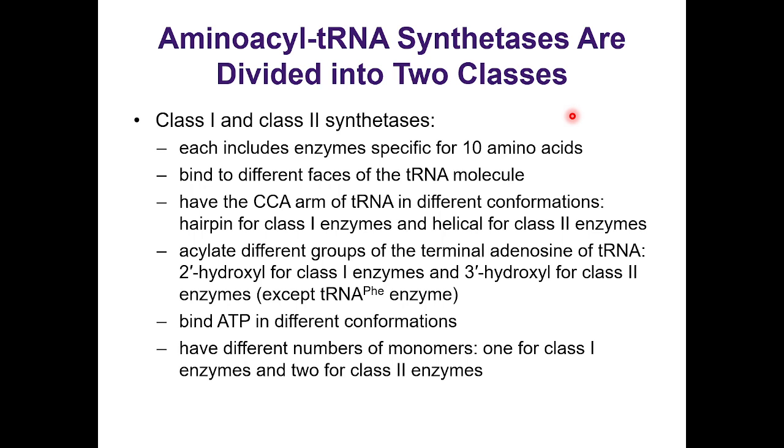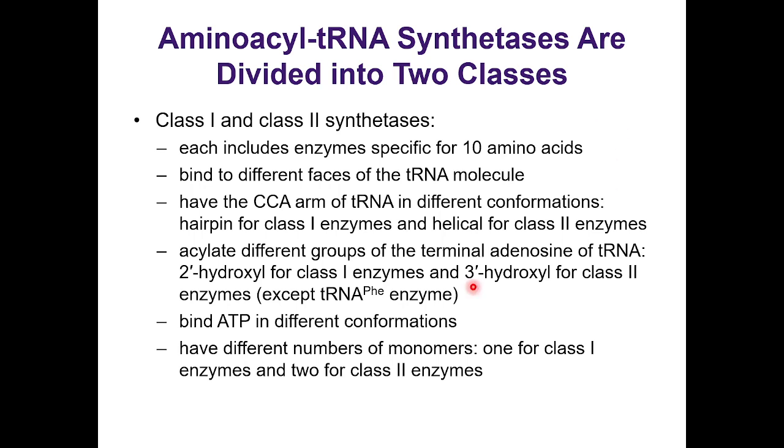They're going to bind different faces of your tRNA molecule. They're going to have a CCA arm of a tRNA in different conformations, the hairpin for class 1 enzymes, and helical for class 2 enzymes. They acylate different groups of the terminal adenosine of your tRNA, the 2' hydroxyl for the class 1 enzymes, 3' hydroxyl for the class 2 enzymes.